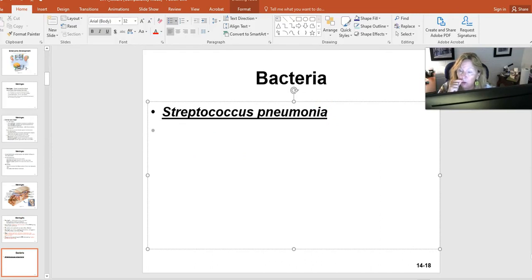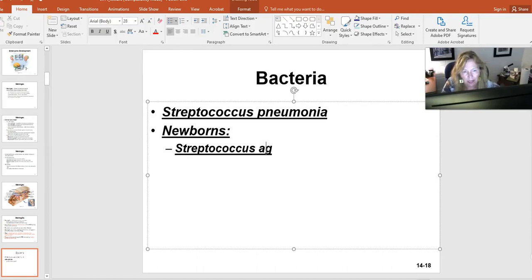But I want to tell you the one that's the most common in neonates, so newborns. In newborns, the most common is called Streptococcus agalactiae. This is the most common in neonates because this is actually called group B strep.